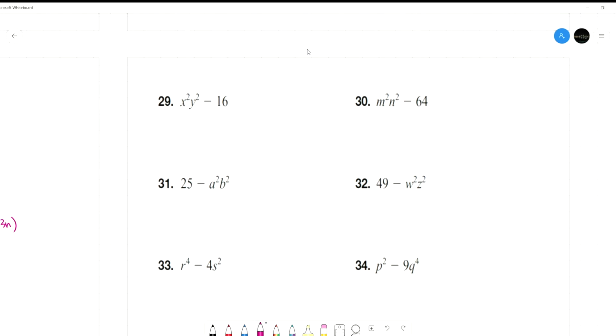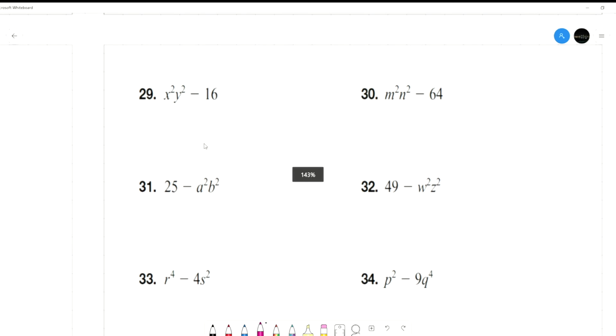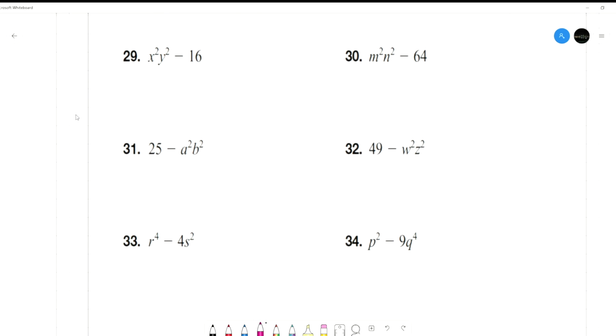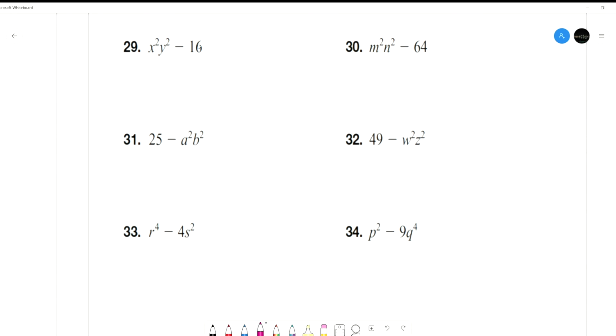Okay, the last 6 problems for today. What do we have here? So this looks like more difference of squares questions, right? So let's see here. I see x squared, y squared. This is two variables here, right?